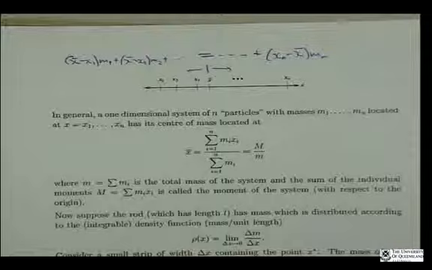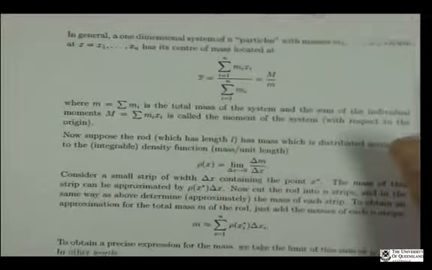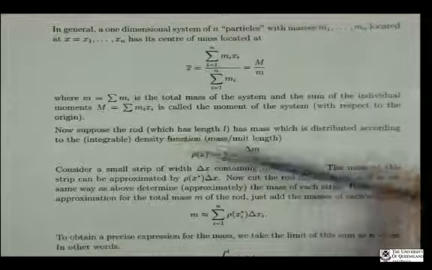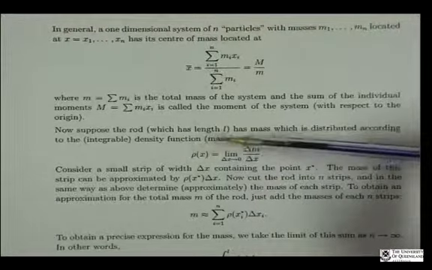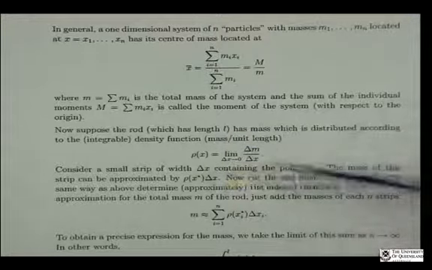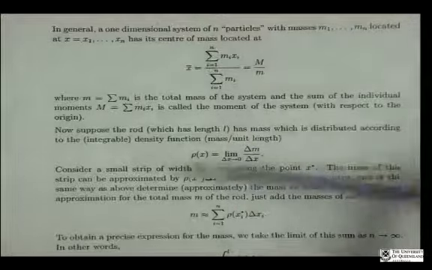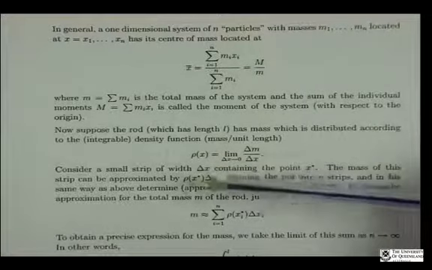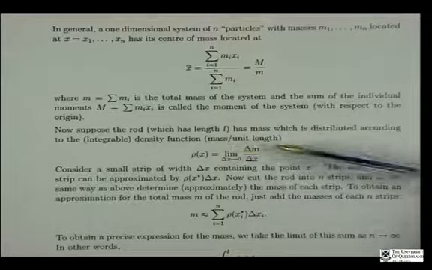All right, so now let's just have a look at the one-dimensional case. So now we're going to suppose that this rod, which we'll just say has length L, that'll become important later on, has mass that's distributed according to some density function. Now, in one dimension, by mass density, I define that to be the mass per unit length.